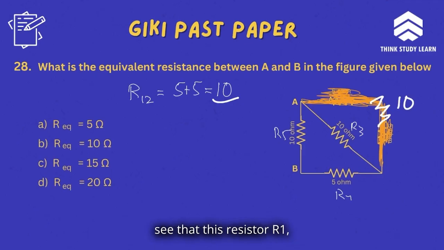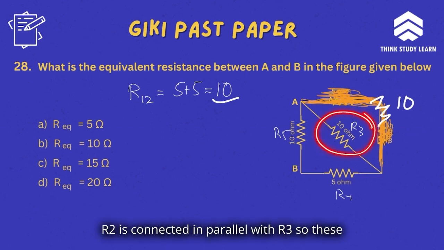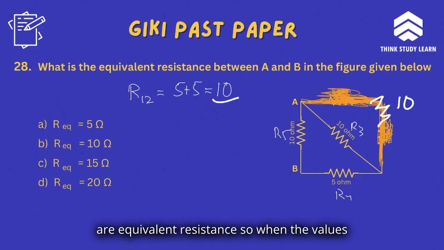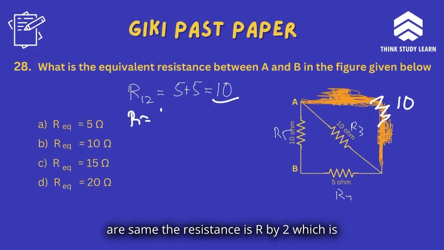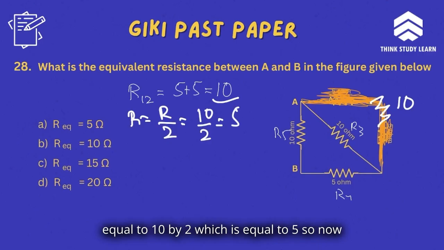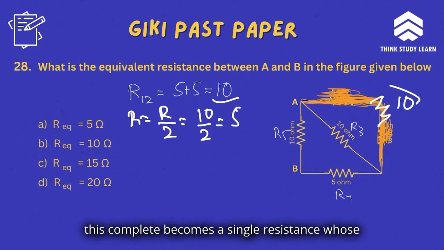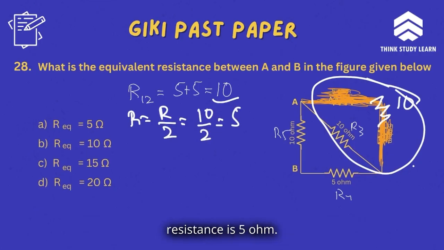Now we can see that this resistor R12 is connected in parallel with R3, so these are equal resistances. When the values are the same, the resistance is R by 2, which is equal to 10 by 2, which is equal to 5. So now this complete part becomes a single resistance of 5 ohm.